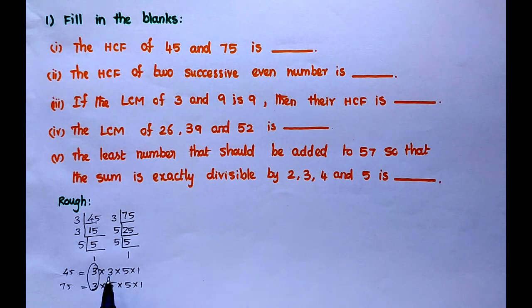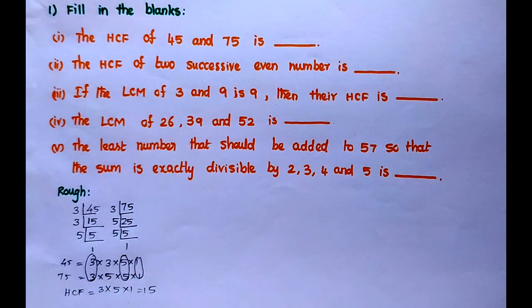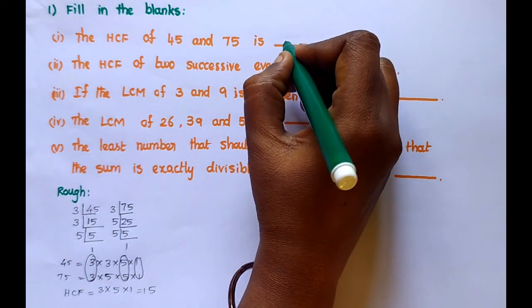Now the common factors are 3, 5 and 1. So HCF equals 3 into 5 into 1, that is equal to 15. So 15 is the answer.